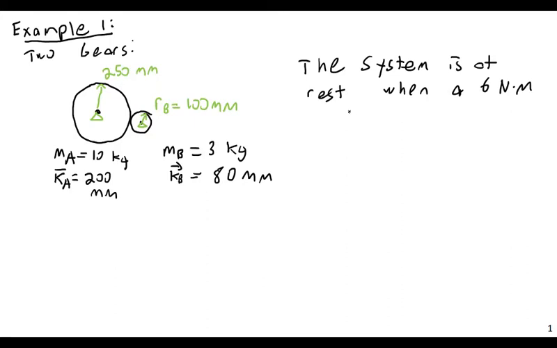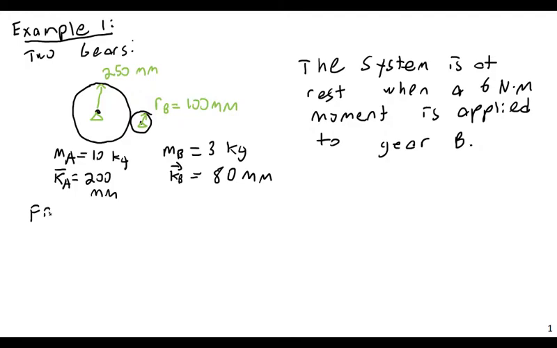When a 6 Newton meter torque or couple or moment is applied to gear B. All right, and then ignoring friction, so we're going to ignore friction.